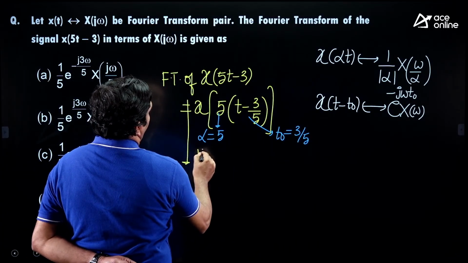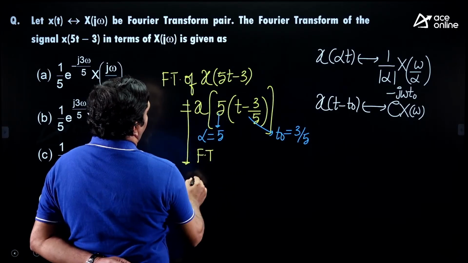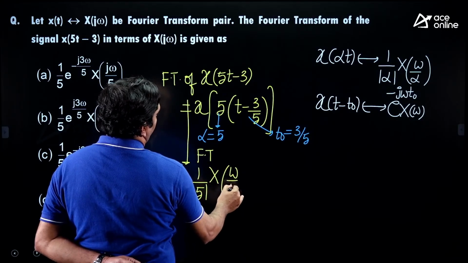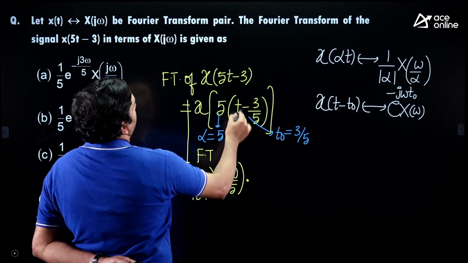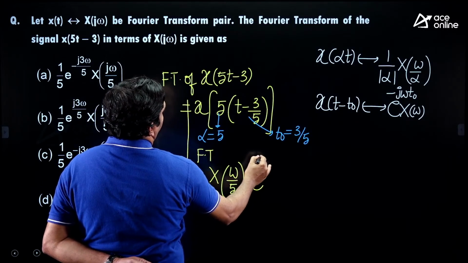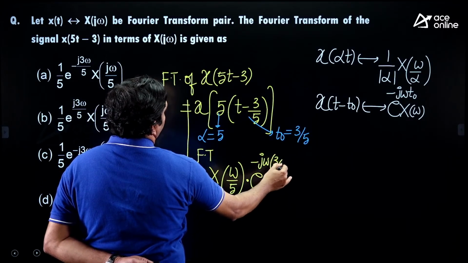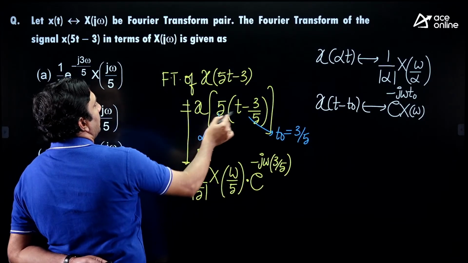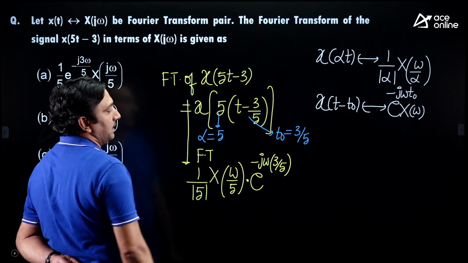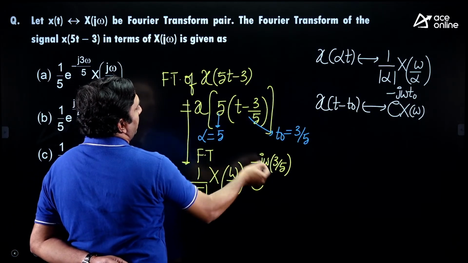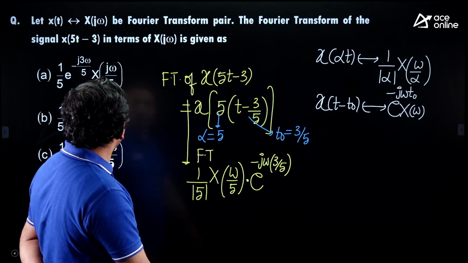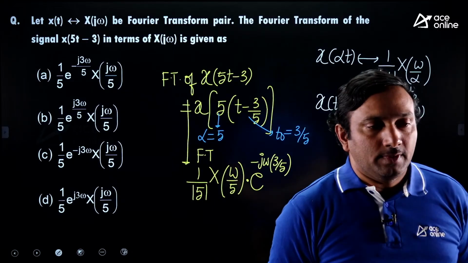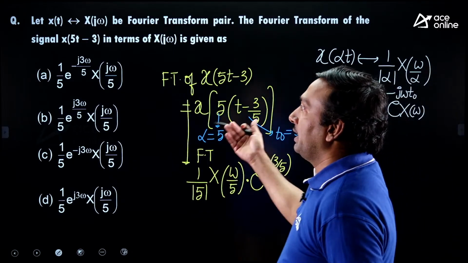When you apply the property for x of alpha t form, you can write 1 by mod alpha x of omega by alpha into the shift of 3 by 5, e power minus j omega t naught times x of omega, that is already scaled. First scaling, then shifting. For x of 5t, 1 by mod alpha x of omega by alpha, shifting e power minus j omega t naught. That x omega is given as x of j omega symbol there.